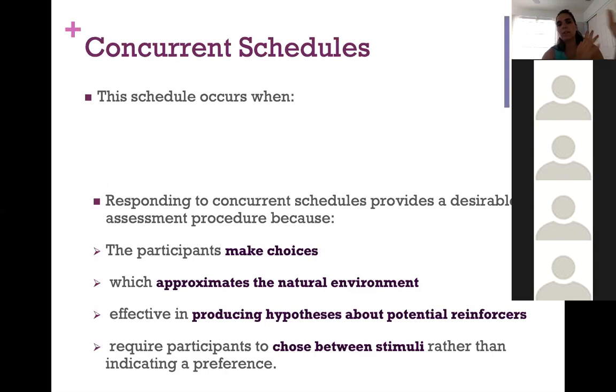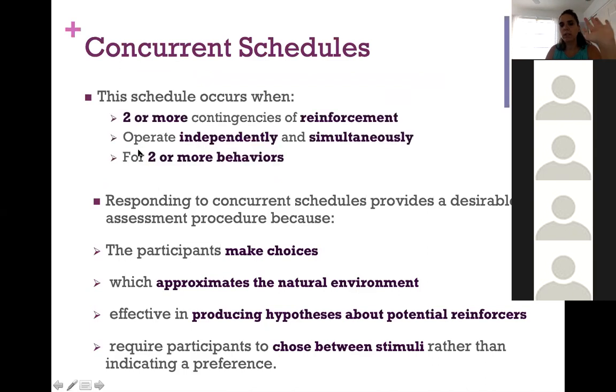And the schedules are either successive, independent, or simultaneous, right? They are simultaneous. So both independent and simultaneous. So 2 or more contingencies of reinforcement for 2 or more behaviors, and those contingencies operate independently and simultaneously.